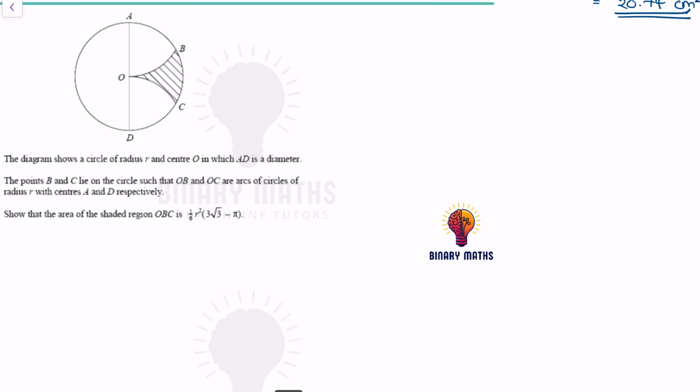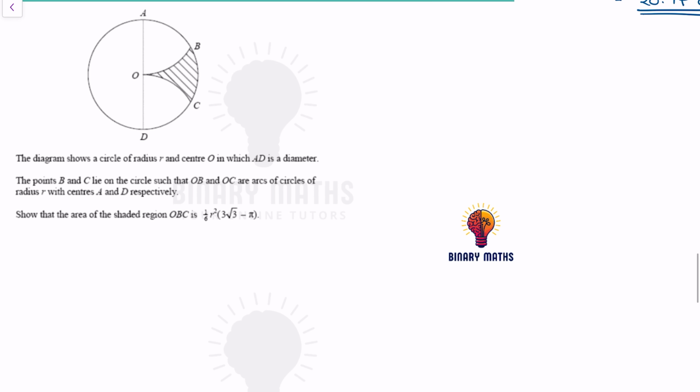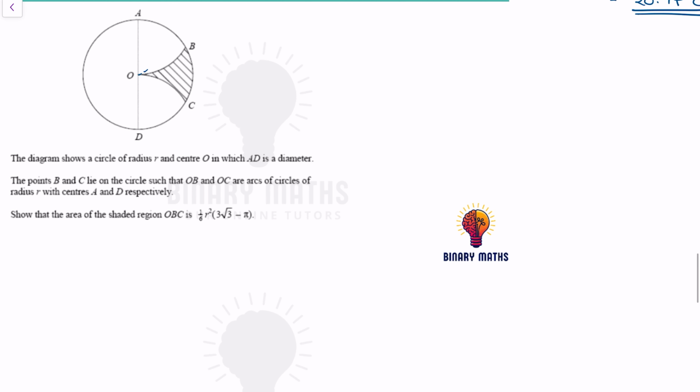Okay, next question. The diagram shows a circle of radius r and center O, in which AD is the diameter. So what I do know is, this is the radius, this is also the radius, this is also the radius.